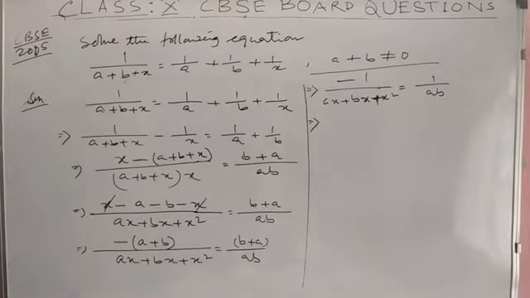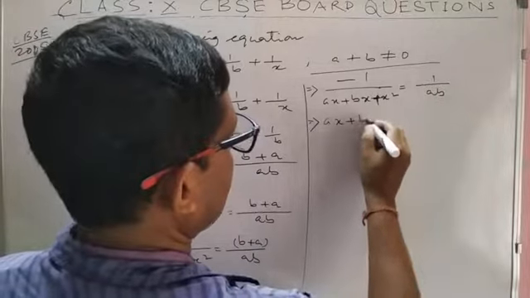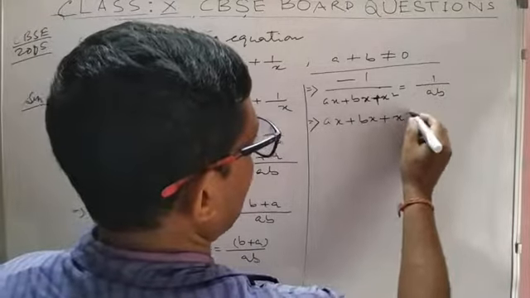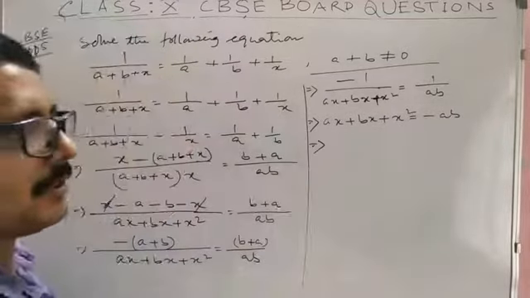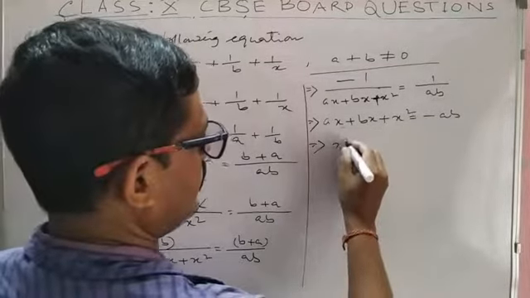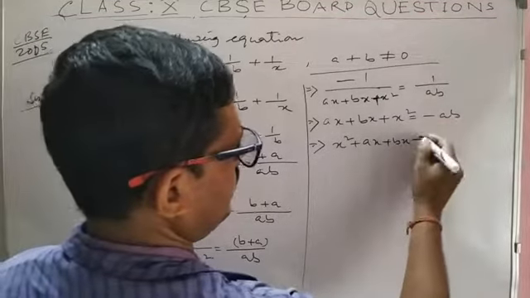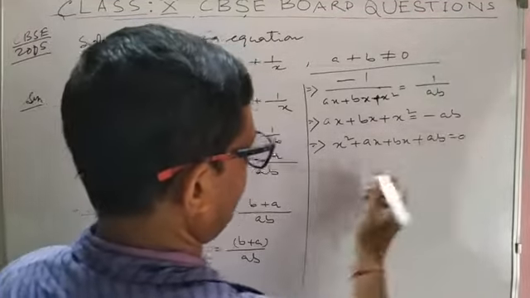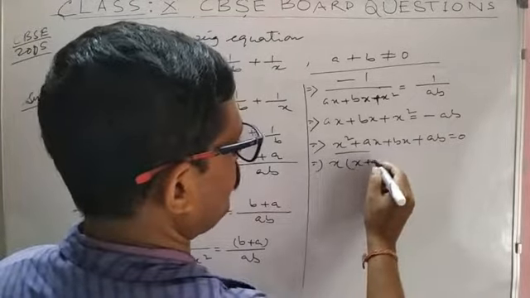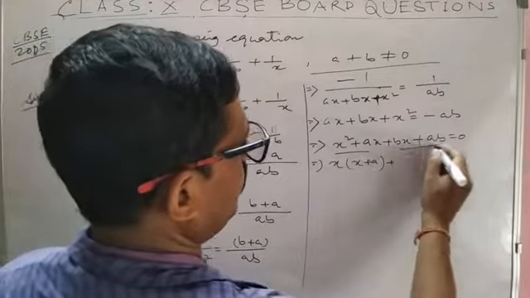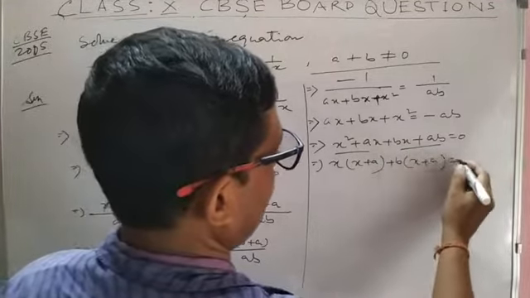So now let us do the cross multiplication. If we do the cross multiplication, it will be ax plus bx plus x square equal to minus ab. Now write this one in standard form: ax plus bx plus x square plus ab, and let us transfer this one to this side. It will be 0. Between these two common x, so it will be x times (x plus a). Between these two common b, so it will be b times (x plus a), equal to 0.